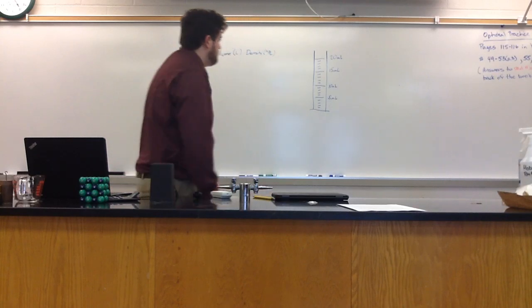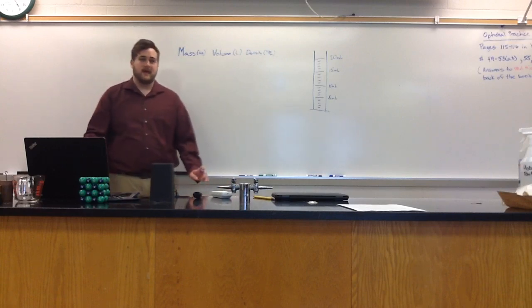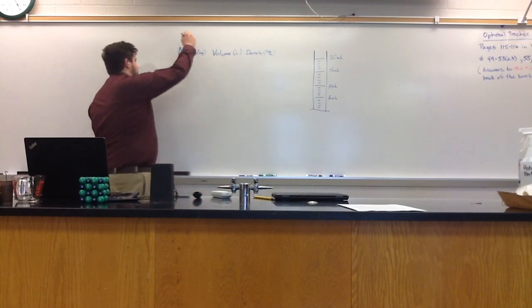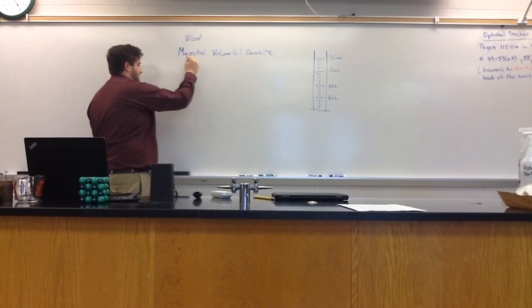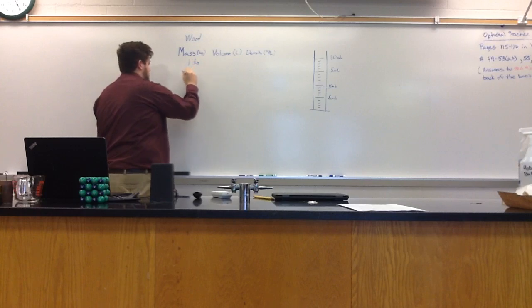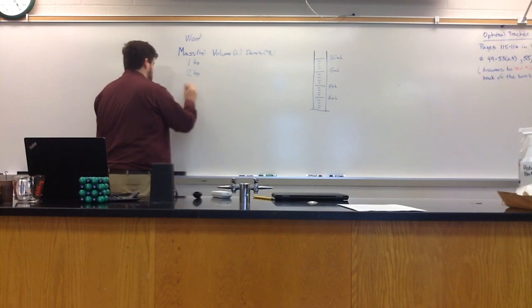So we'll start with what we did in the lab. If you remember for table A, we did wood. We had masses of like 1 kilogram, 2 kilograms, and it's not 10, it was like 8 kilograms.